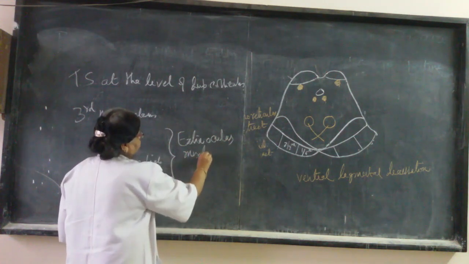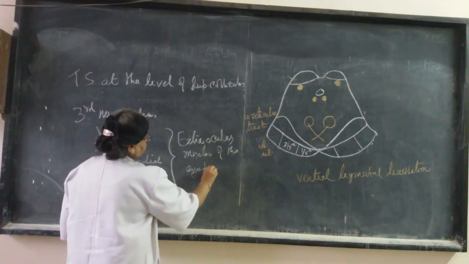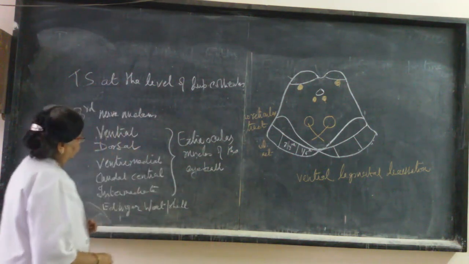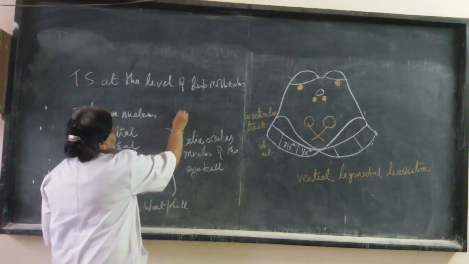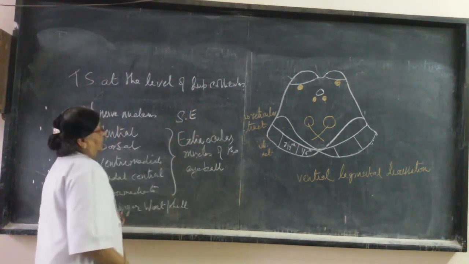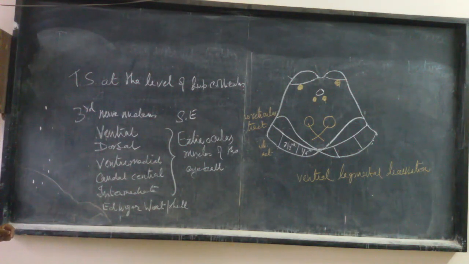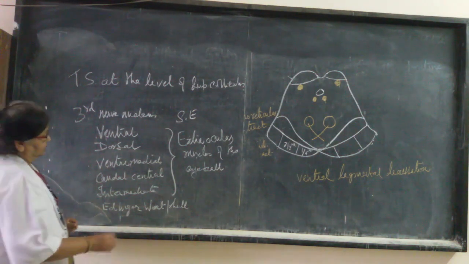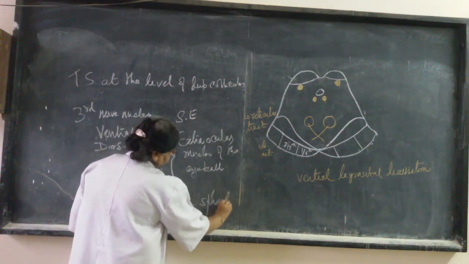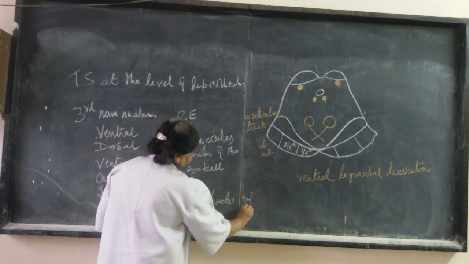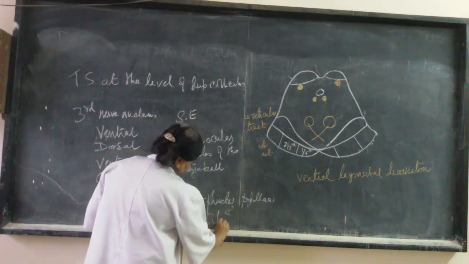The fibers emerging from these have a somatic efferent component. The Edinger-Westphal nucleus gives out parasympathetic fibers, and this supplies the sphincter pupillae and ciliaris muscle.